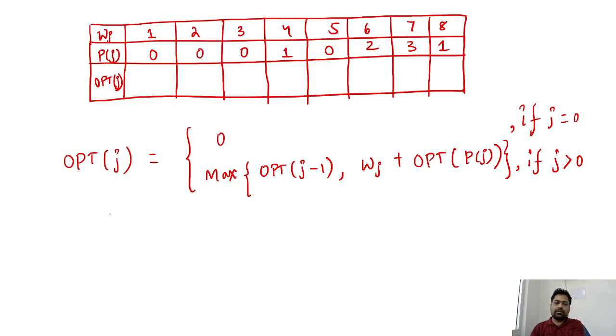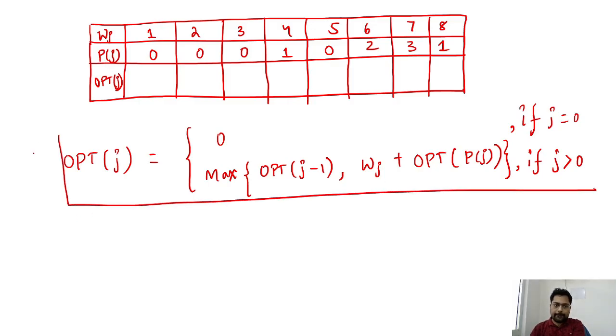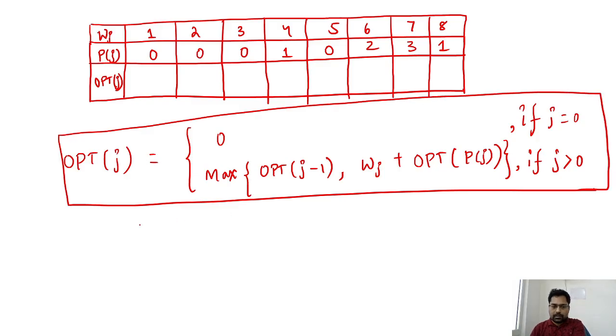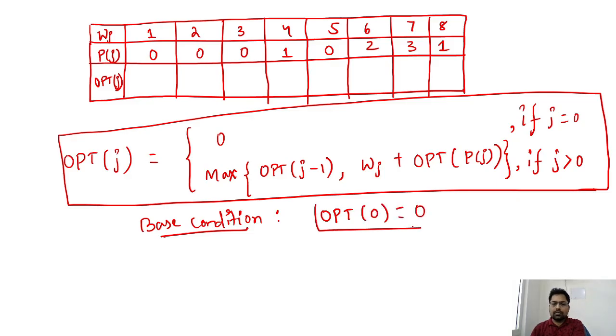Okay, so for the base condition here, OPT 0 is 0. Why? Because J is 0, you put 0 here equal to 0. So this is the base condition for us.